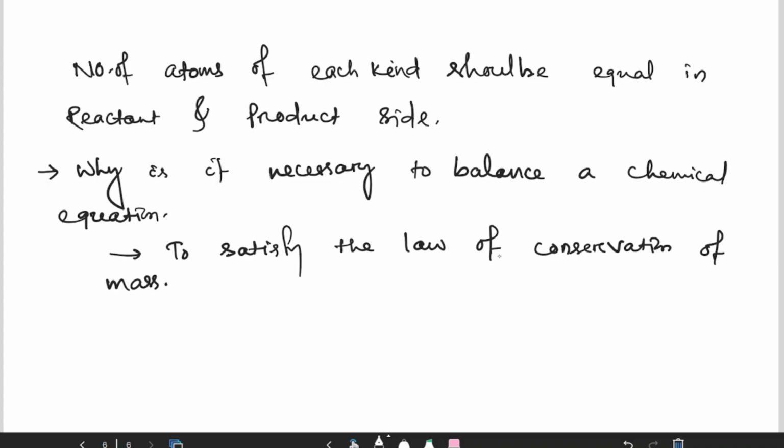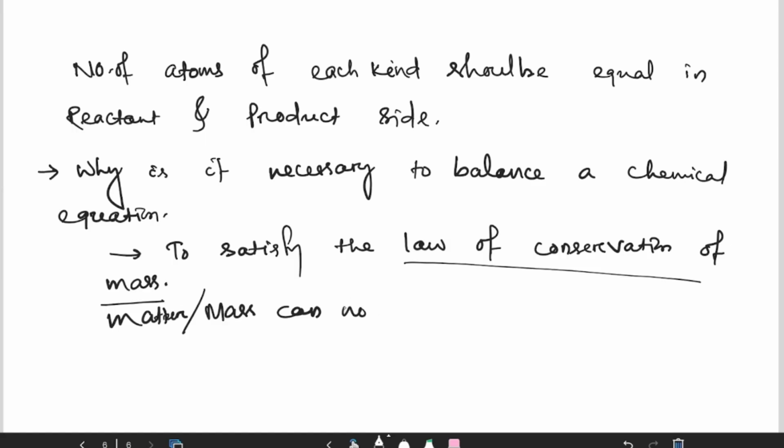So what is the law of conservation of mass again? That mass, or you can write matter also, cannot be created nor be destroyed.